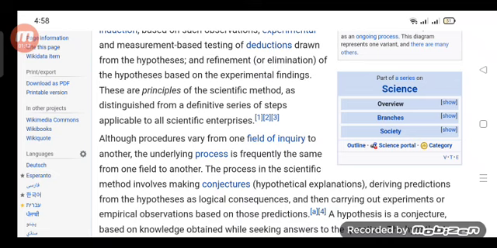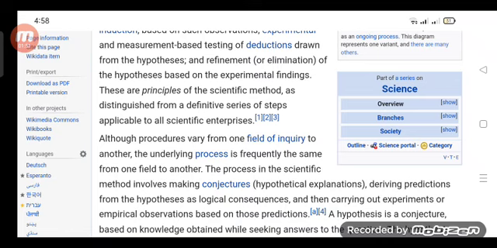These are principles of the scientific method, as distinguished from a definitive series of steps applicable to all scientific enterprises. Although procedures vary from one field of inquiry to another, the underlying process is frequently the same from one field to another.